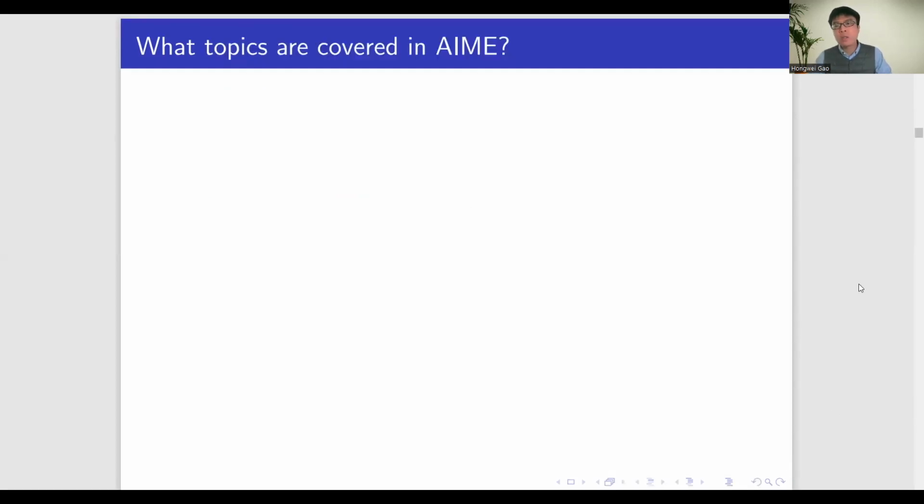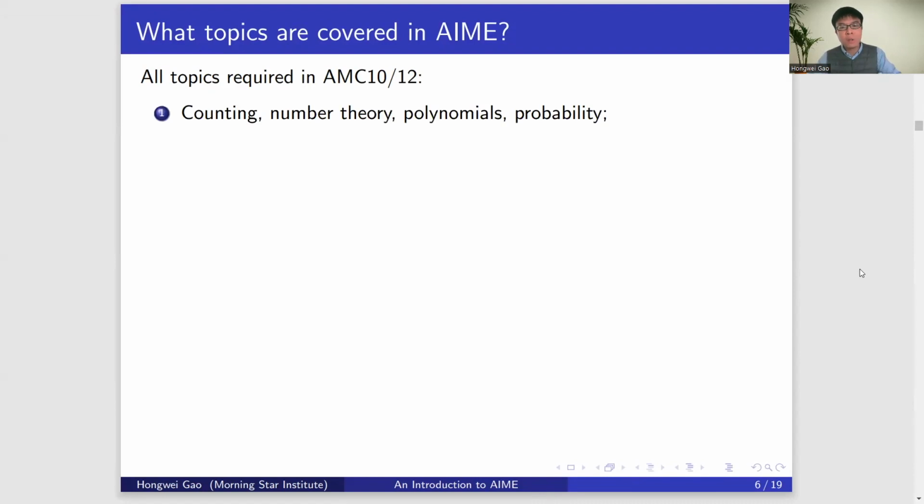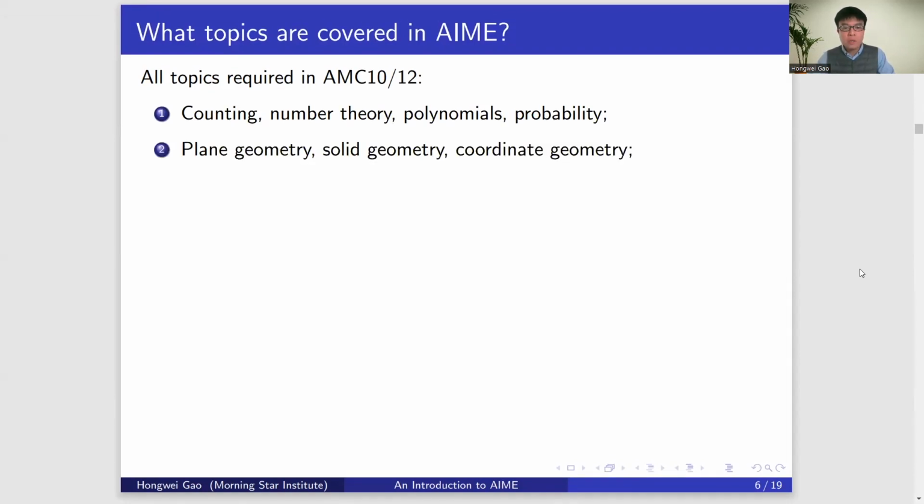The next question is, what topics are covered in AIME? As already mentioned, some AIME questions are similar to AMC 10 or AMC 12 problems. So AIME covers all topics required in AMC 10 and 12, including counting, number theory, polynomials, probability, plane geometry, solid geometry, coordinate geometry, logarithms, trigonometry, complex numbers, and more.